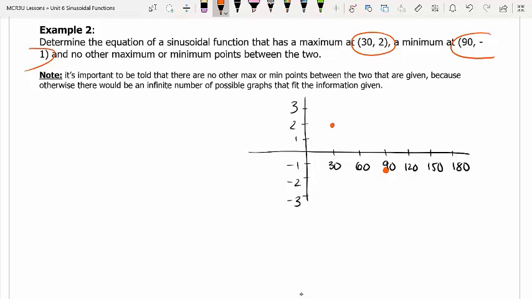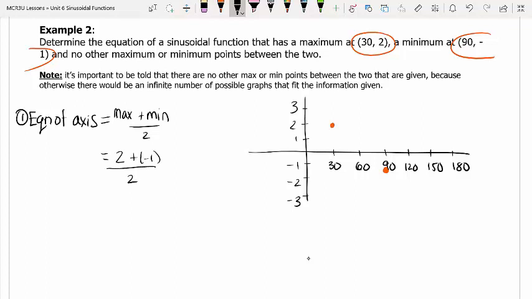So the first thing we can figure out is the axis. The equation of the axis is going to be the maximum value plus the minimum value divided by 2. Nothing's changed. Okay, so our maximum value is 2. Our minimum value is -1. Okay, so that means our equation of the axis is a half.